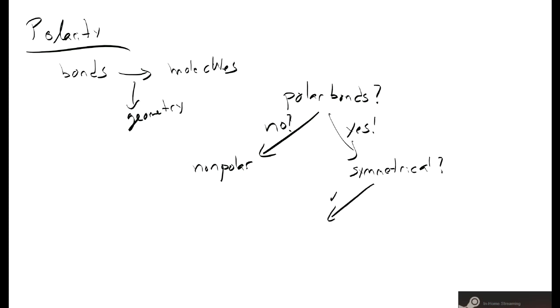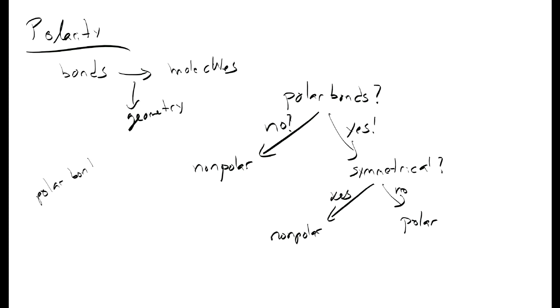If the answer is yes, then it is non-polar. If the answer is no, then you get a polar molecule. So in order for it to be polar, it has to have polar bonds and broken symmetry. It has to have both of those in order for it to be a polar molecule.